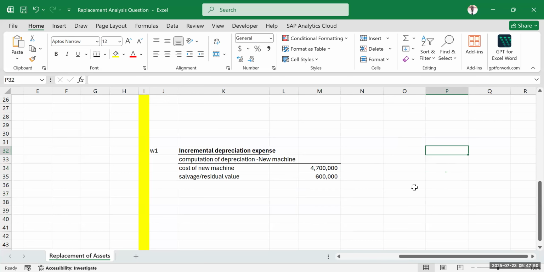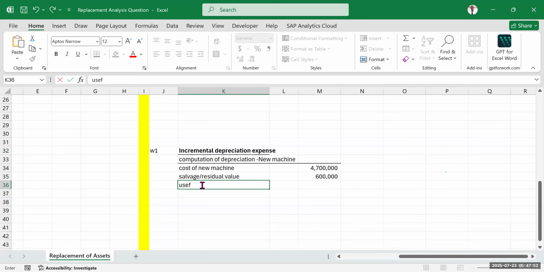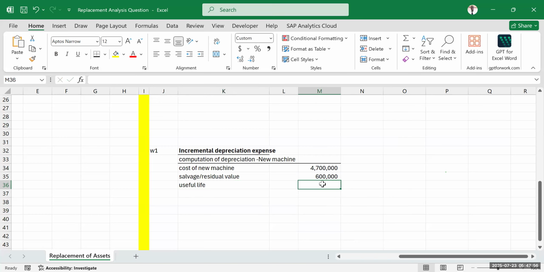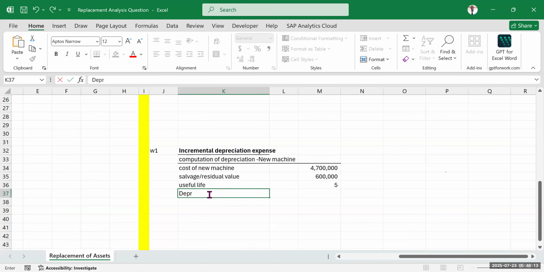Then also, they told us that the useful life of this new machine will be 5 years. So if we are using the straight line method of depreciation, the same way members have mentioned, we take the cost, which is 4.7, we subtract the salvage value, we divide by the useful life, and that will give us depreciation per annum.